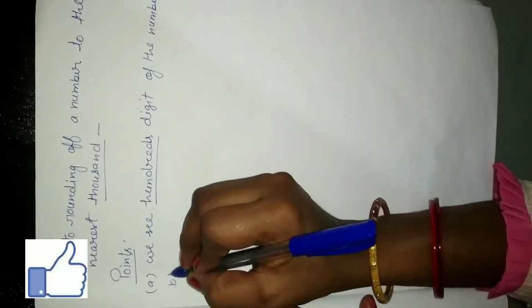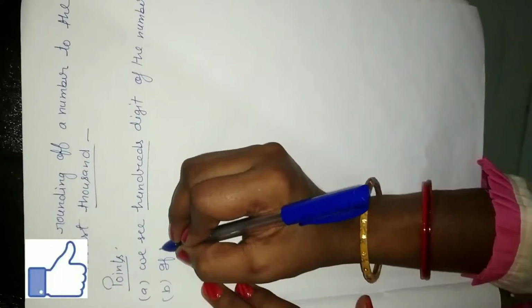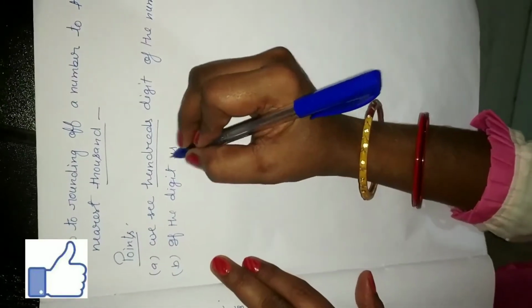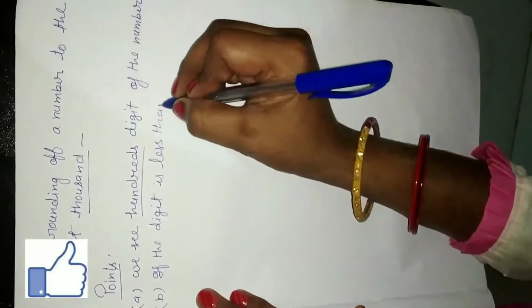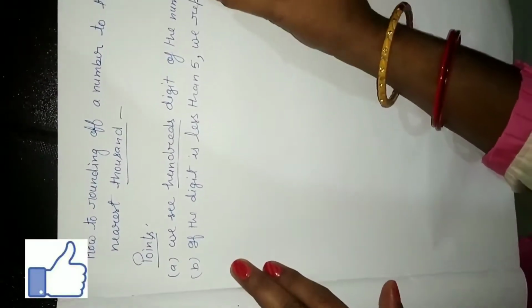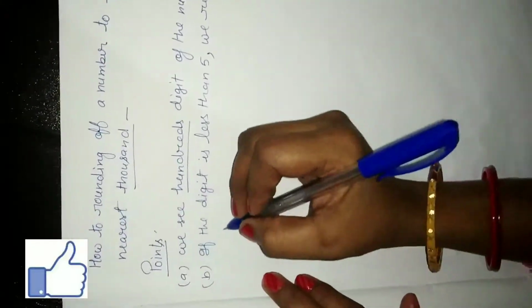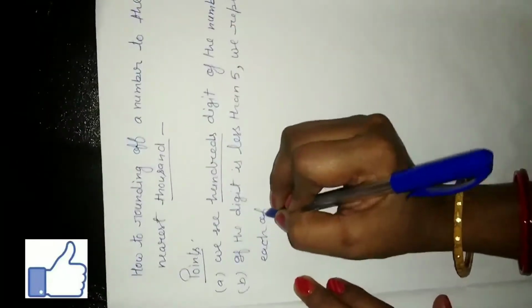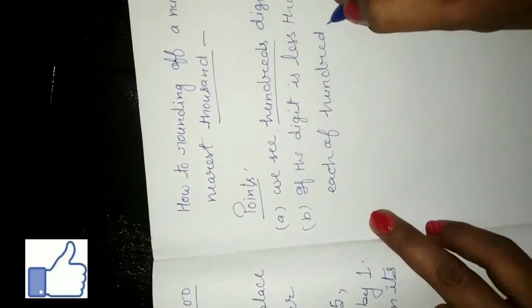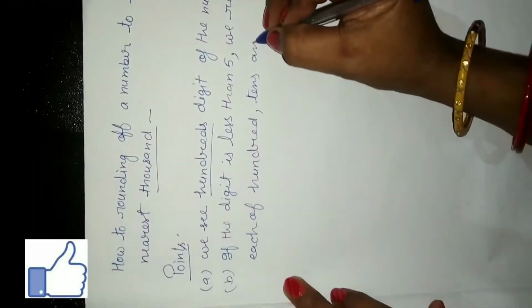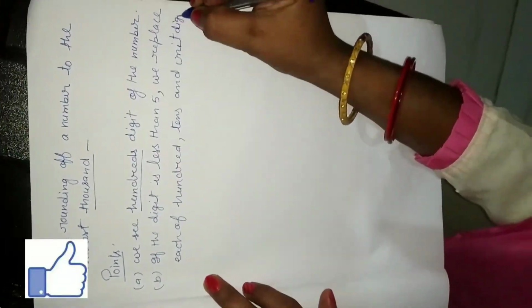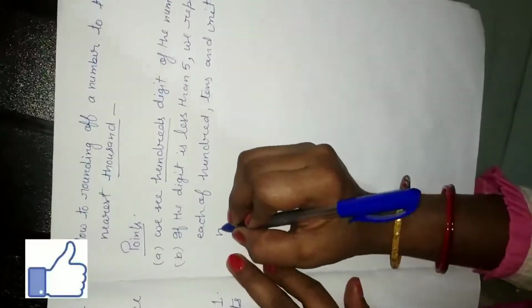And B, if the digit is less than 5, we replace each of the hundreds, tens and unit digits by 0.